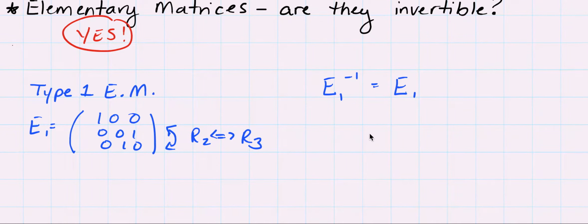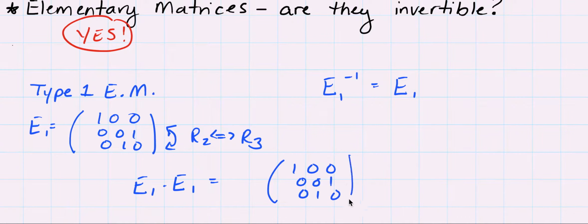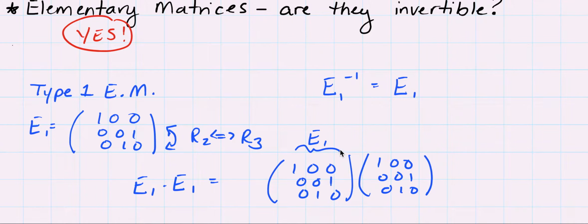Why is that? Well, if we multiply E sub 1 with itself, because this is an elementary matrix, what's going to happen to this matrix, E sub 1? Well, we're going to switch row 2 and row 3.